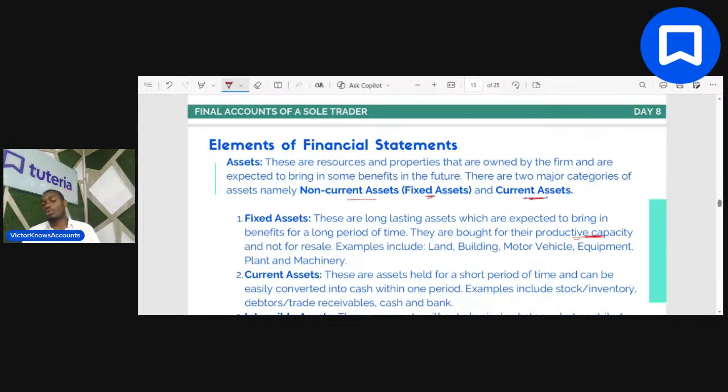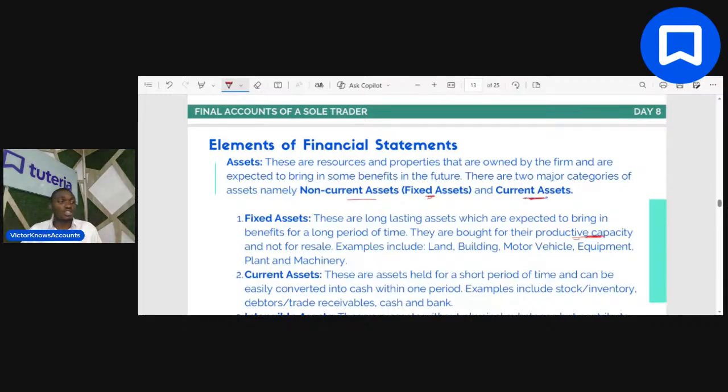Let me now burst your bubble. If Mr. A that sells cars buys another car to be used in the office, he did not buy it with the intention of reselling it. He just bought it so that they will be using it.